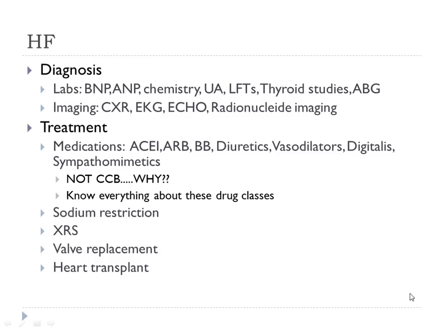Which one is potassium sparing? Right, Aldactone is potassium sparing. So often your patient will be on both of those to counteract that side effect, right? Usually things like hydrochlorothiazide are not enough for this patient. That's a mild diuretic.